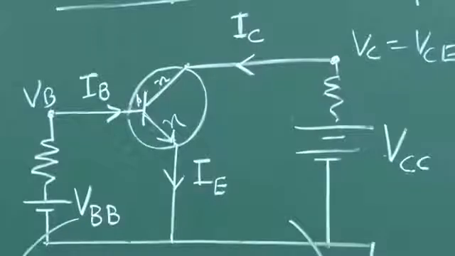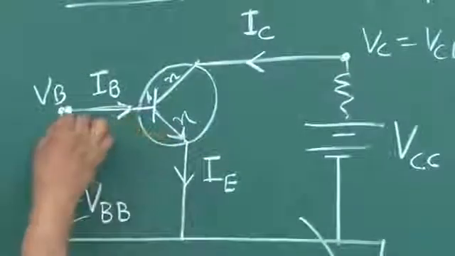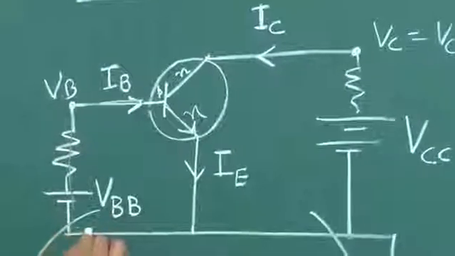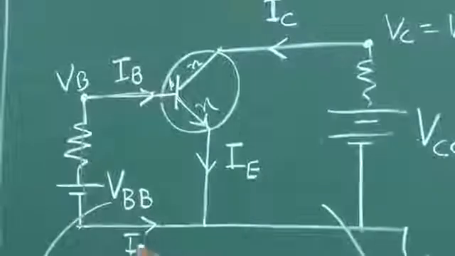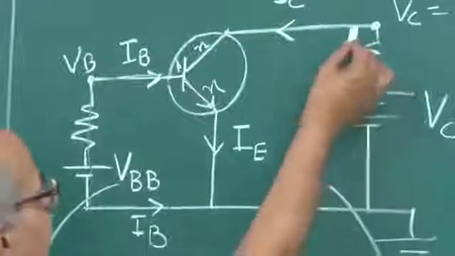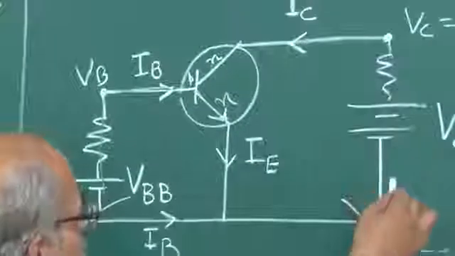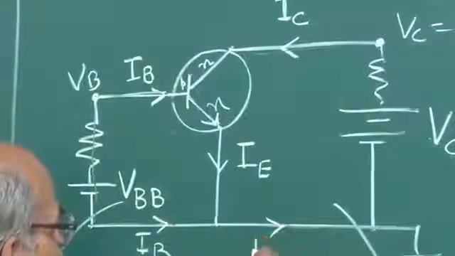So these are the symbols, and if this is IB, you can see that this is just a series circuit, and so the current here should also be IB. And similarly, if this is IC and this whole thing is series, so you should have an IC out here.